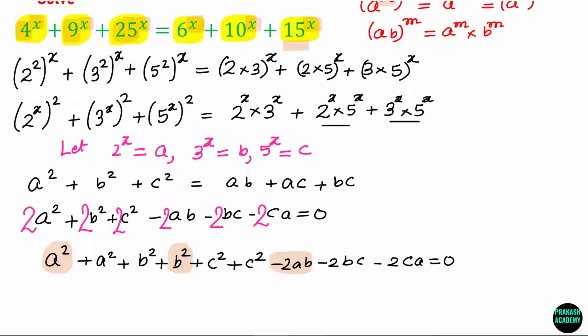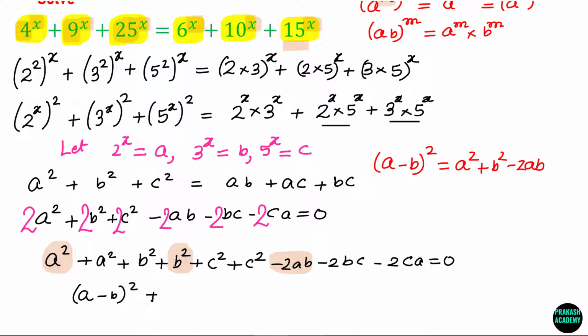So a square plus b square minus 2ab, this is basically a formula. If you remember, this is (a minus b) whole square. So this formula, (a minus b) whole square is equal to a square plus b square minus 2ab. So if I use this formula, this becomes (a minus b) whole square.